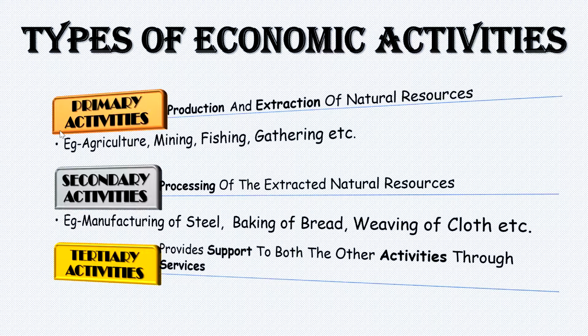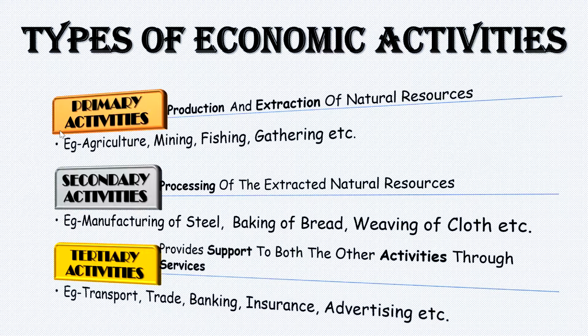Now what type of services am I talking about? First of all, transport. Goods are transported to different places. For example, if cotton is being woven in Ahmedabad, it needs to be transported to different places. Trade, banking, insurance, advertising. Until it's advertised, how can we know that this is a product, right? This is types of economic activities.